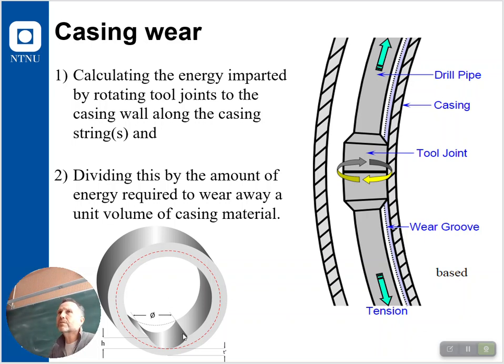And we don't get universal wear. The drill pipe stays in a spot. You may have oscillations and vibrations in the string, but it wears in a certain area more or less all the time.